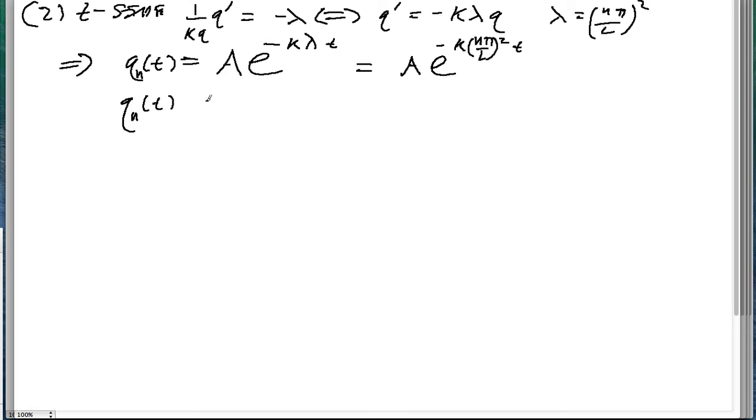So our Qn then is just going to be e to the negative k (n pi over L) quantity squared, t. All right, so put it together.